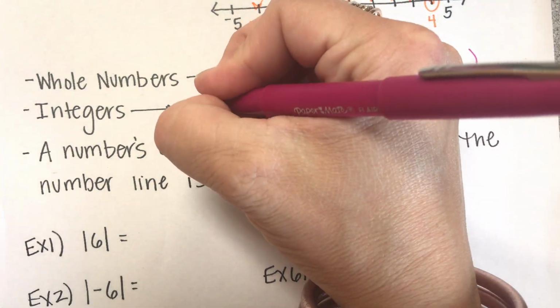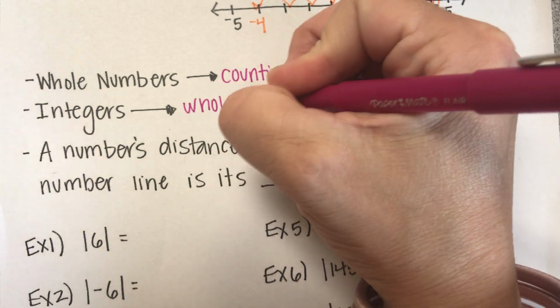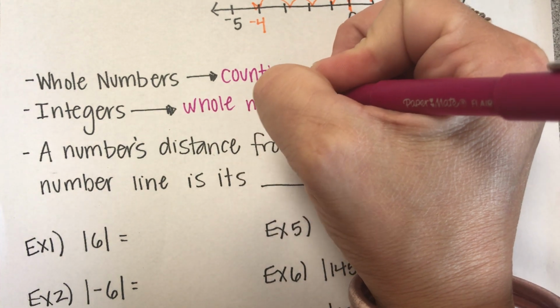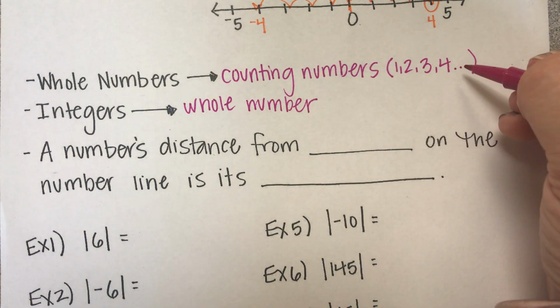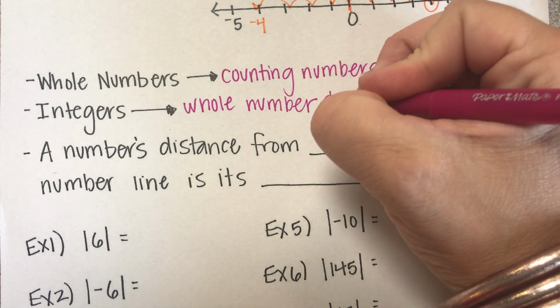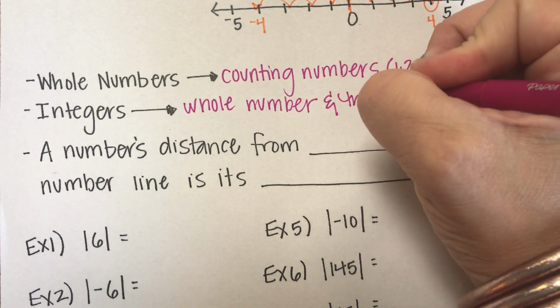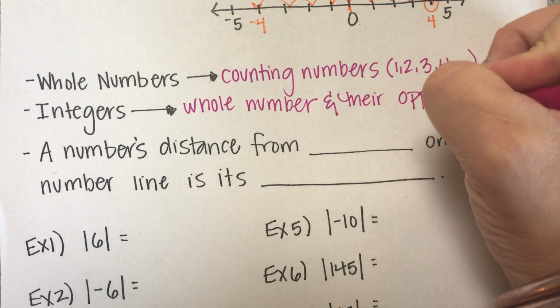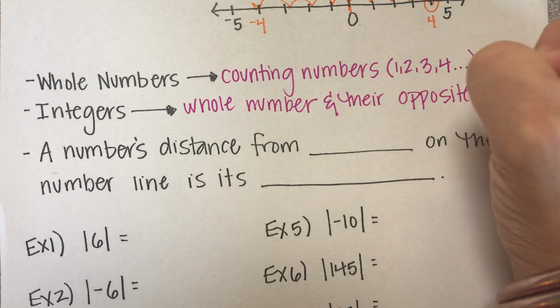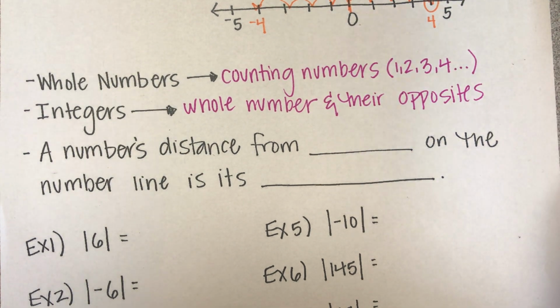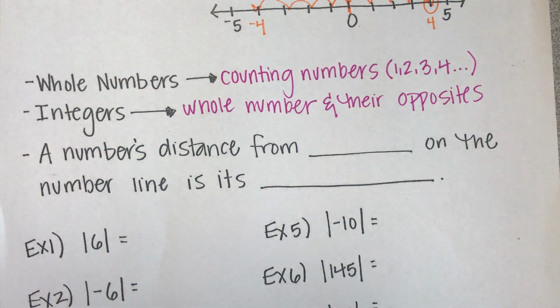It's whole numbers, 1, 2, 3, and 4, on and on and on, and they're opposites. So negative 1, negative 2, negative 3, negative 4. So whole numbers are the counting numbers, and then integers are all of those plus their opposites.